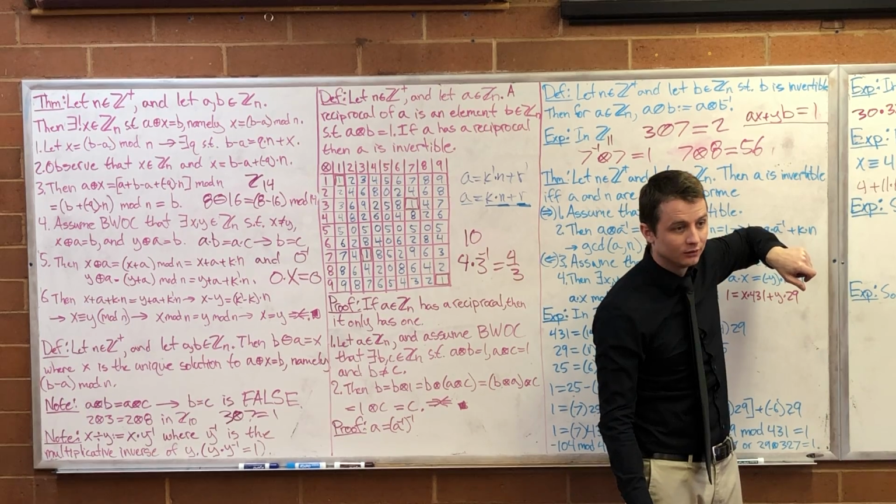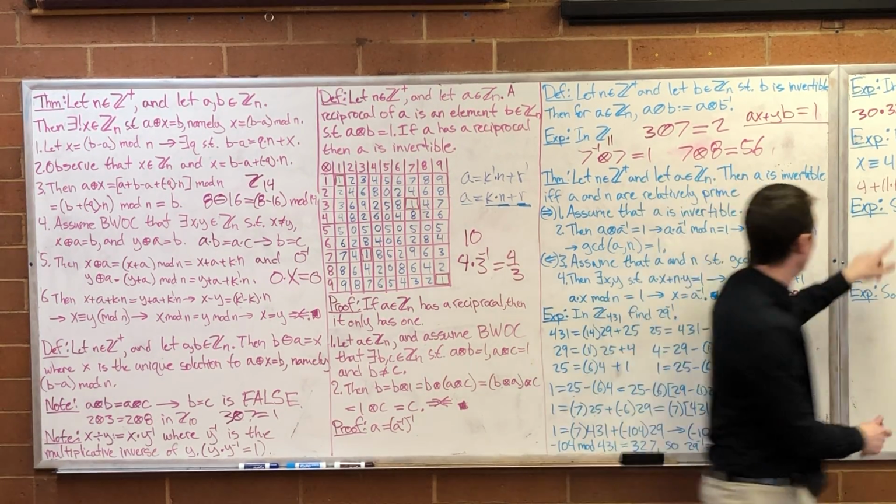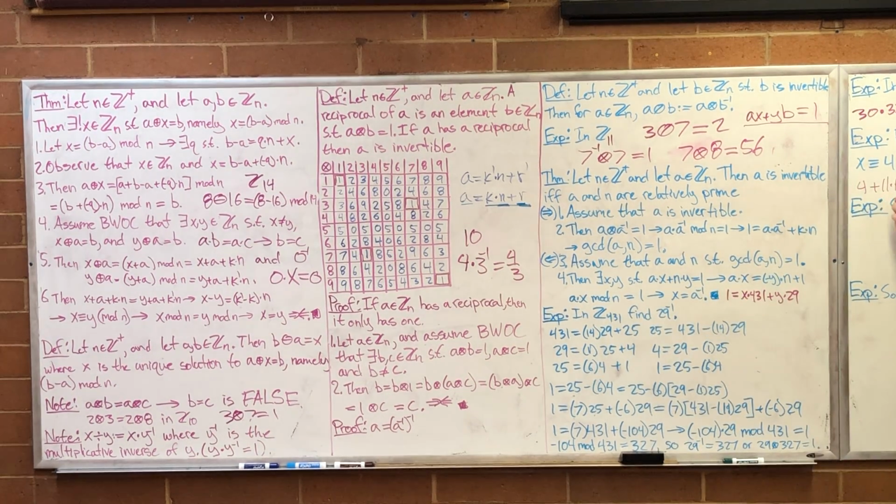Does that make sense? So pick a k, any k. 5. Plug in 5 for k, you get 55. 55 plus 4 is 59. If you were to do 59 mod 11, you'd get 4. Does that make sense? So we're looking for all the solutions to equations like this.